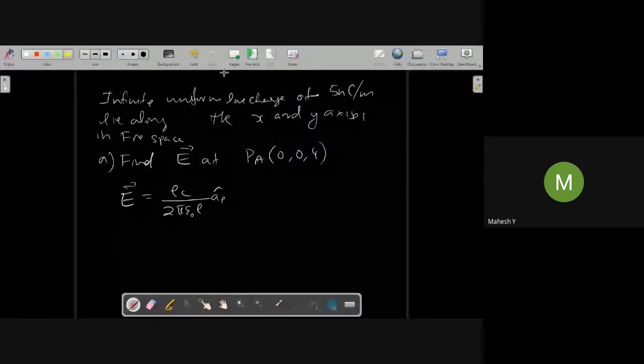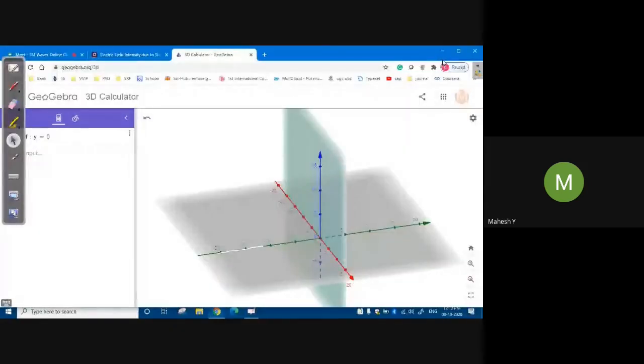So the first one is along the x-axis, something like this. Another one is along the y-axis. So two line charges are there. I want to find the electric field intensity at the point (0, 0, 4), right? (0, 0, 4) means only z axis. So I want the rho, which is the perpendicular distance from that point to the lines.